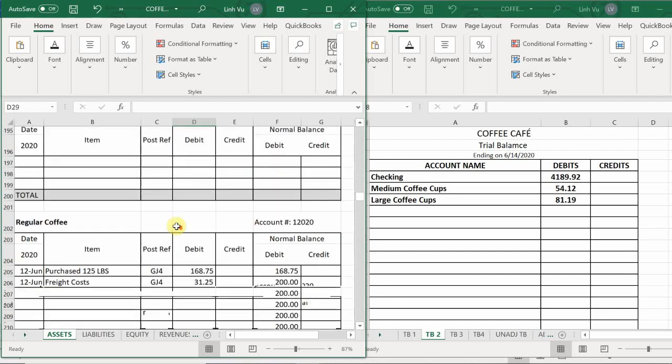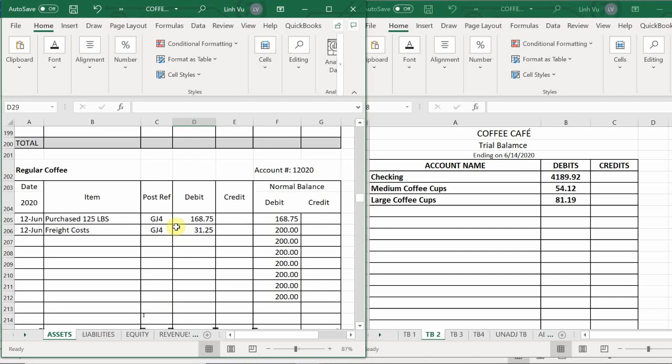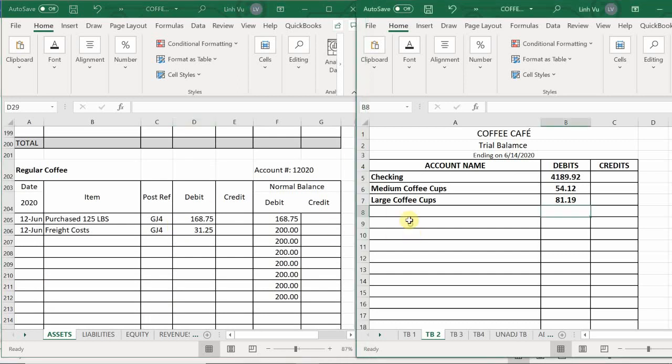Let's see. Inventory. Yes, we did make purchases of inventory. We have regular coffee and we have Supreme coffee.